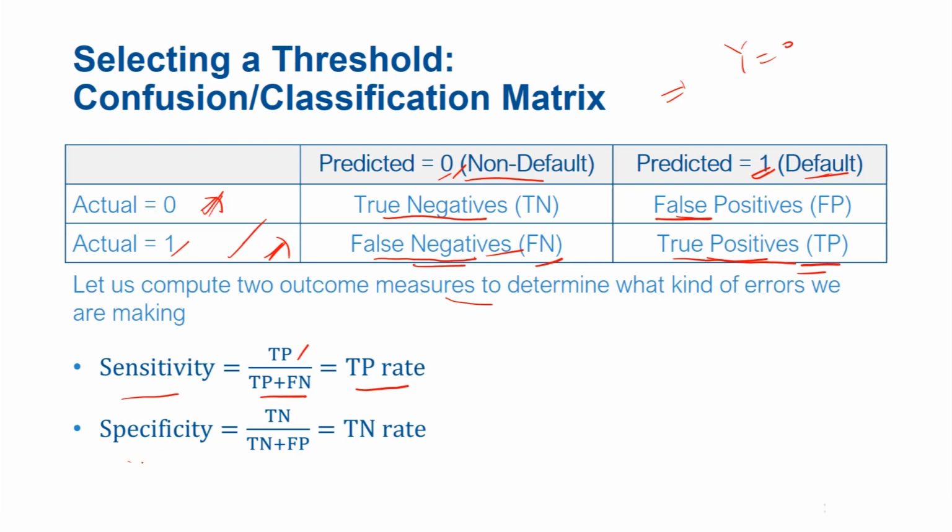Similarly, we have another measure defined as specificity. Specificity is nothing but overall true negativity rate, which is true negatives in the numerator divided by true negatives plus false positives. Now, as you would have understood from our discussion of thresholding, there is a trade-off between sensitivity and specificity depending upon our value of threshold.